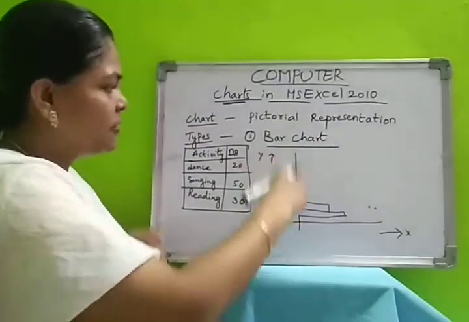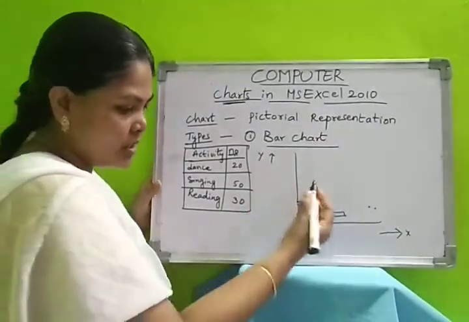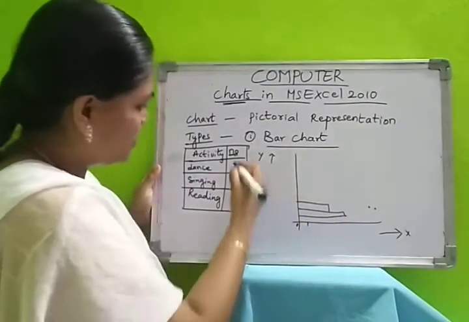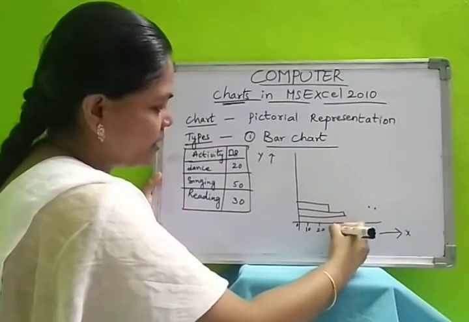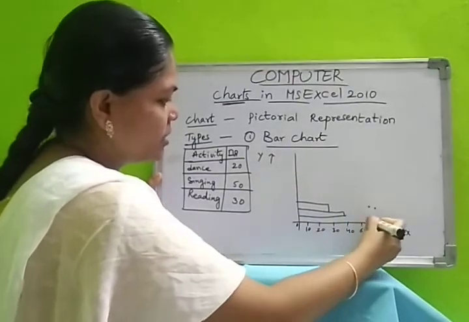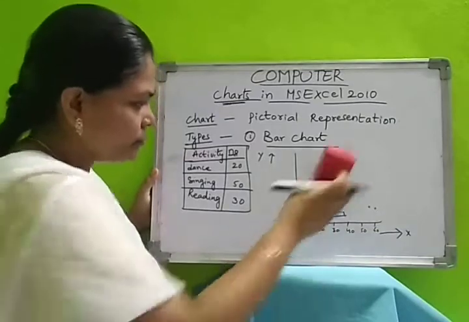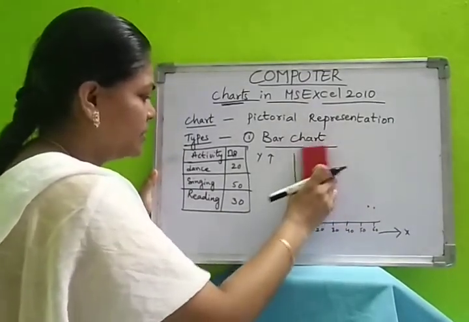Same as that, for charts also we have an x-axis and y-axis. In this the numbers are displayed here, starting from 0. We will take the range 10, 20, 30, 40, 50, and one more, 60. Like this. Correct?